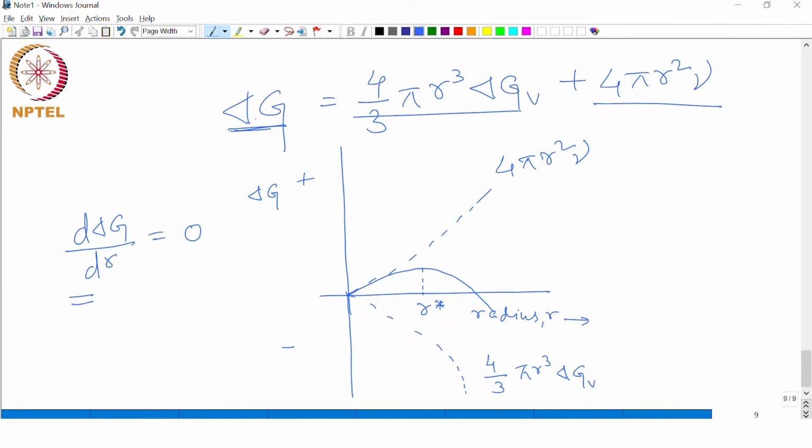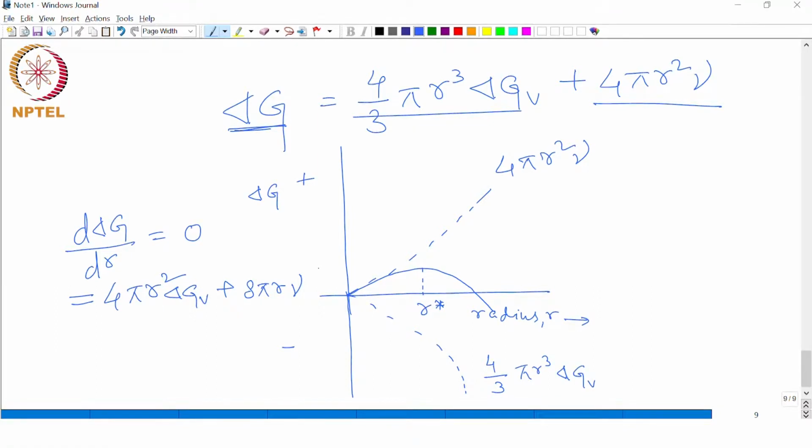Okay. So, if you differentiate this, you get, okay.